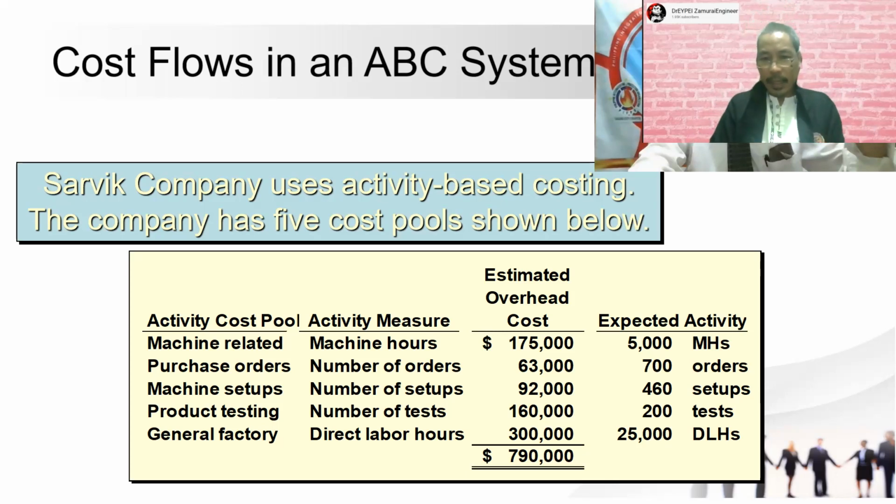Okay. What is the next column? The expected activities for the month, for the quarter, for the year. In this case, I think this is for 1 year.